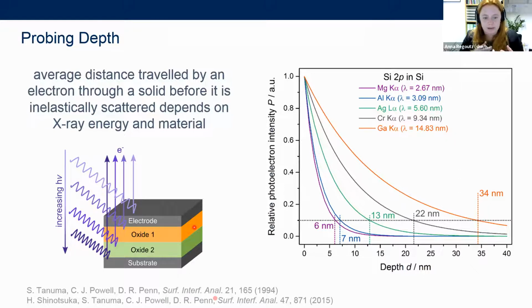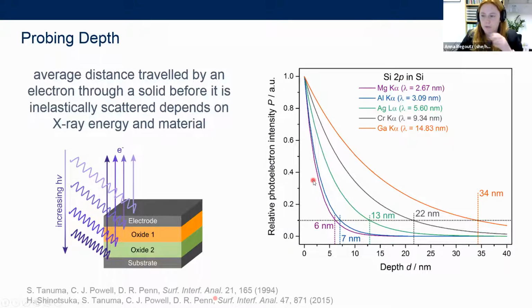And with hard X-rays, you can extend the so-called inelastic mean free path, so how far your electron can travel before it is inelastically scattered. So basically, whilst the X-rays go in quite deep into your material, the photoelectrons have a very short escape depth. So in the photoelectron intensity plot on the right, you have different X-ray sources. These are your main lab sources.